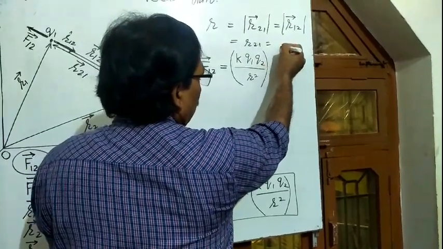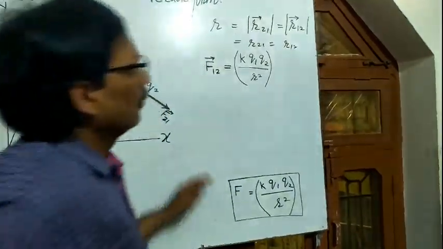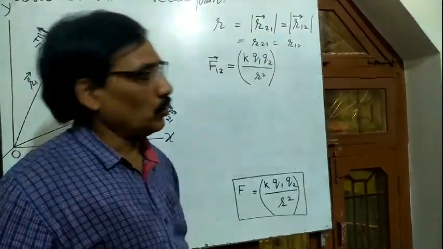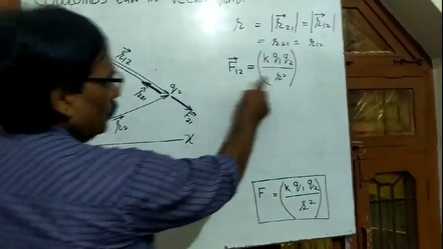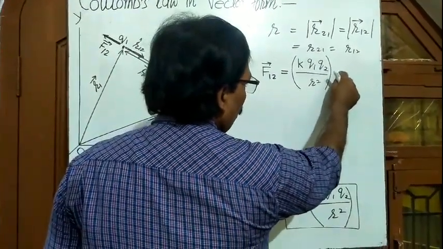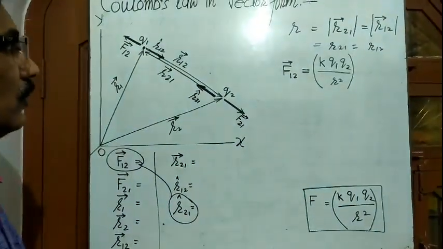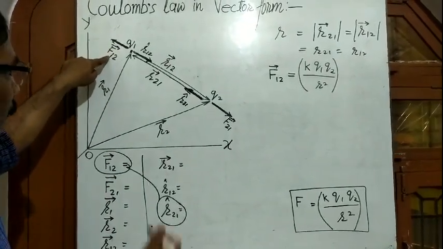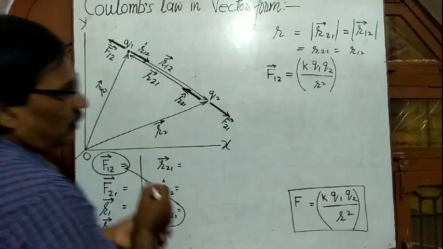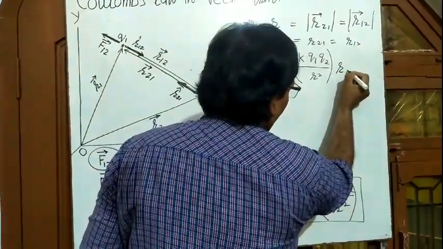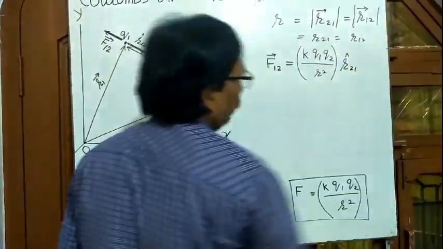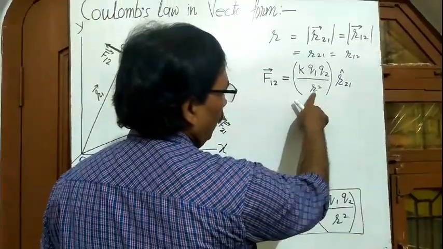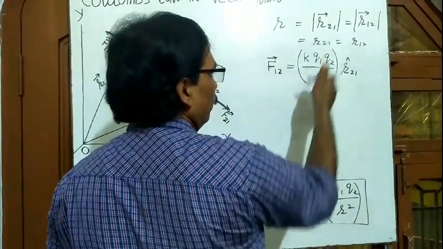When you do not put an arrow here, it represents only the magnitude. So F12 is equal to this much. Which unit vector will be used here? The unit vector used to show the direction of F12 is R21 cap. Clear?